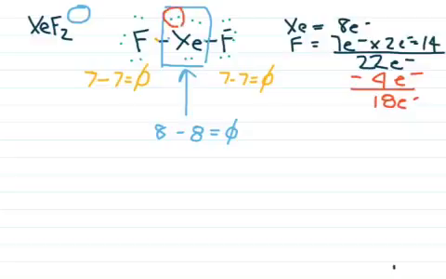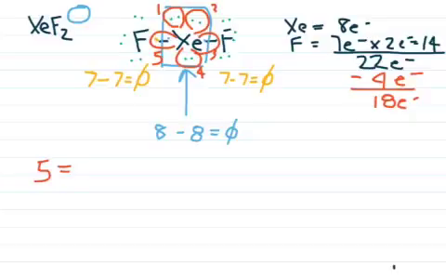We have 1 lone pair, 2 lone pairs, 3 lone pairs, 1 single bond, 2 single bonds. That gives us 1, 2, 3, 4, 5 things around it. If you remember from last lecture, something that has 5 electron groups around it is known as trigonal bipyramidal.